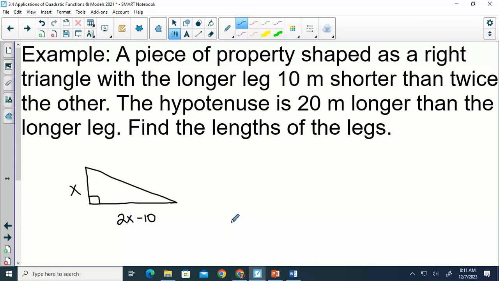The hypotenuse is 20 meters longer than the longer leg. What does that mean? Okay, the longer leg, 2x minus 10, longer than, so plus 20. Or you could simplify that to 2x plus 10. So if I want the lengths of my legs, if I have a right triangle, what can we do?